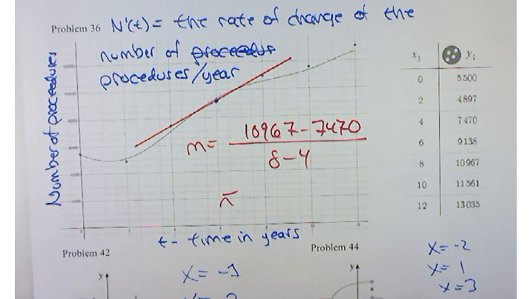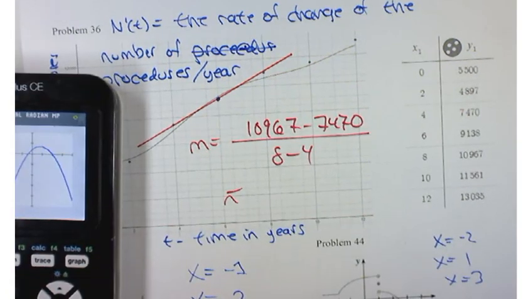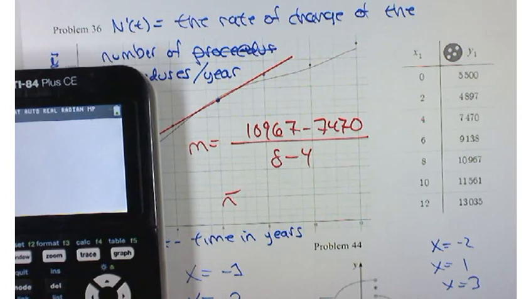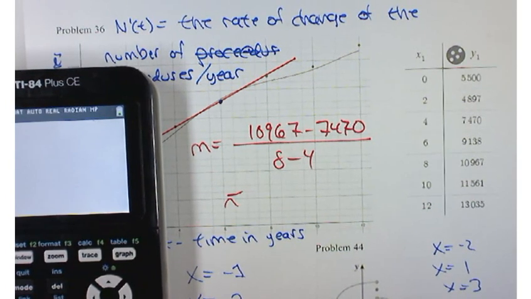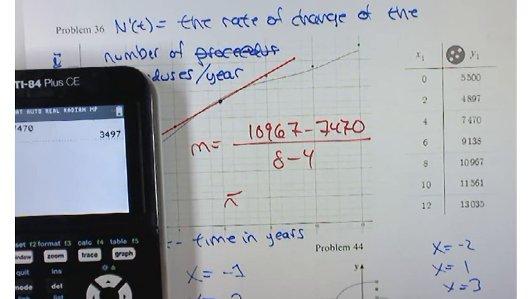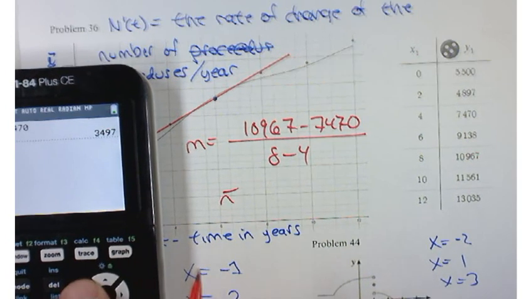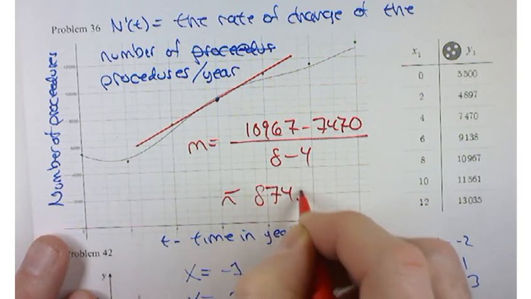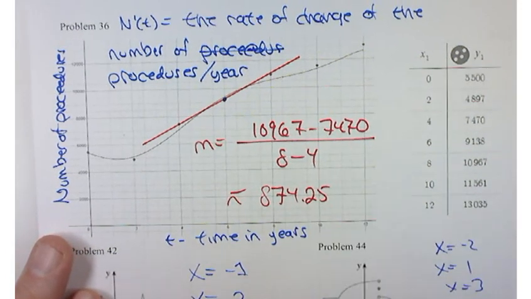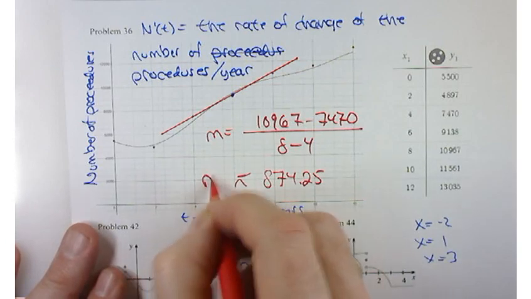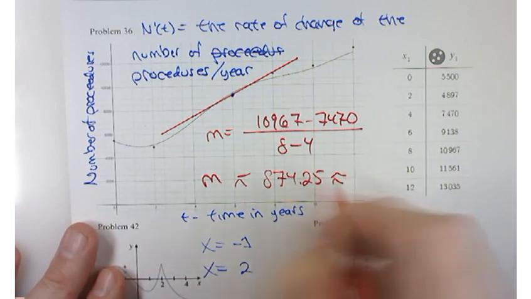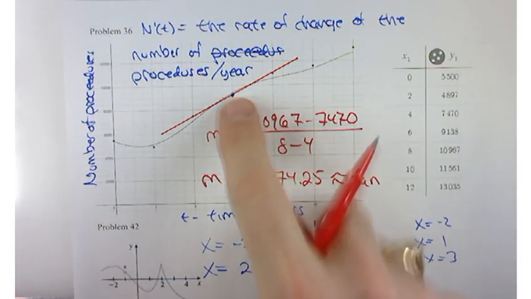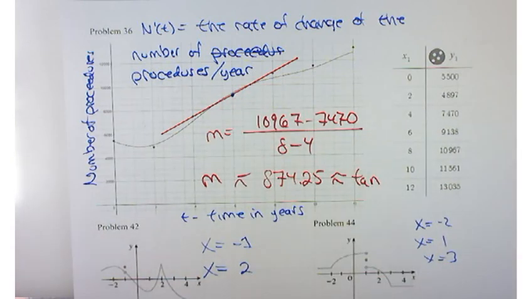I don't know. Let's take a quick look here. 10,967 minus 7,470 divided by 4. So 874.25. So that's the slope of the secant line. It's approximately the slope of the tangent line at that point. So it's not a bad approximation there.